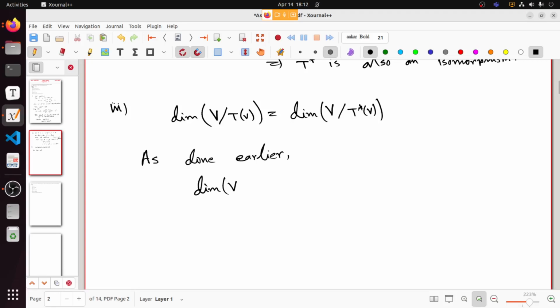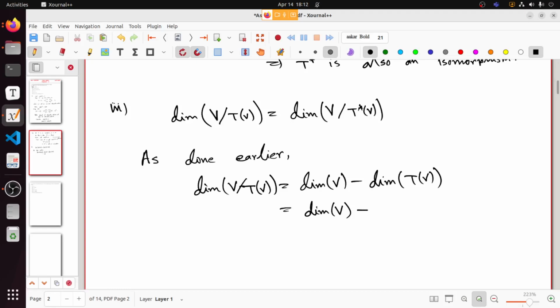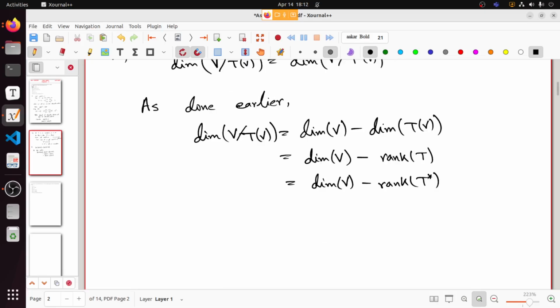Dimension of V mod TV will be dimension of V minus dimension of TV, right? And dimension of TV means rank of T. This is the dimension of the range space, which is the rank of T, and we know the rank of T is the rank of T star, so this is dimension of V minus rank of T star, right, by option A.